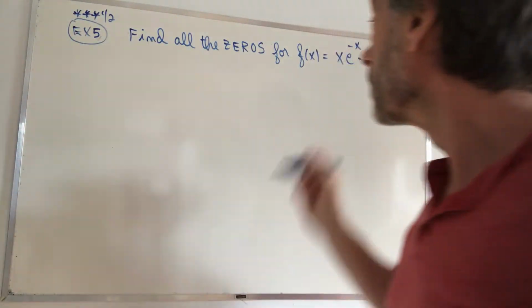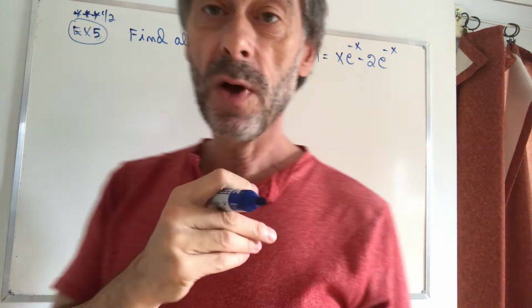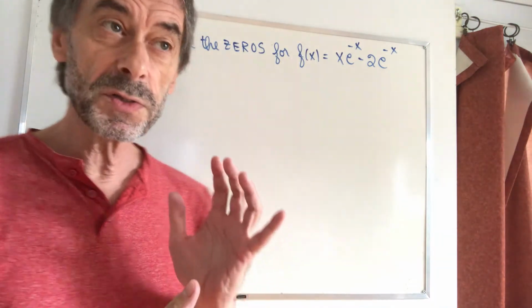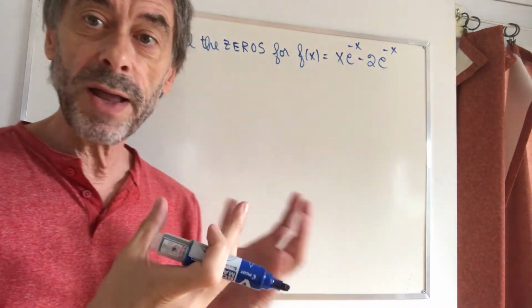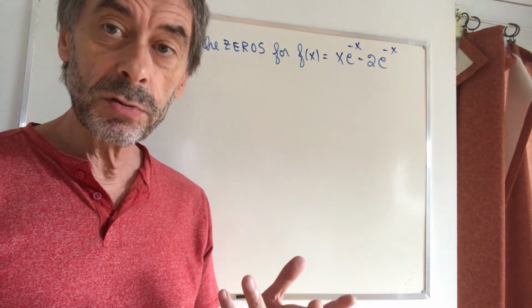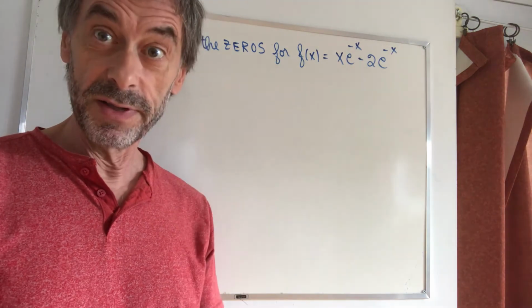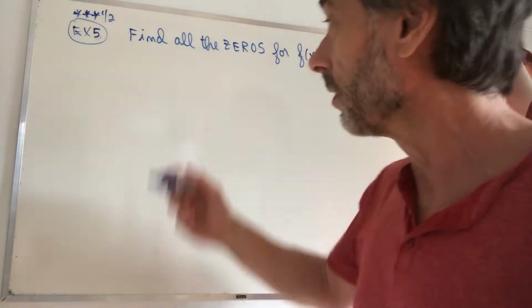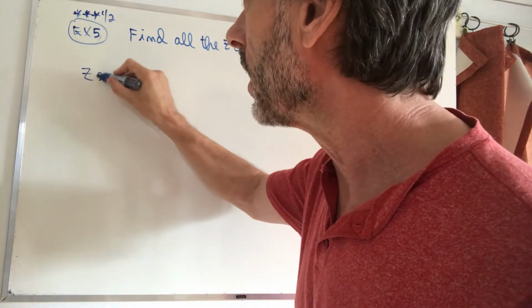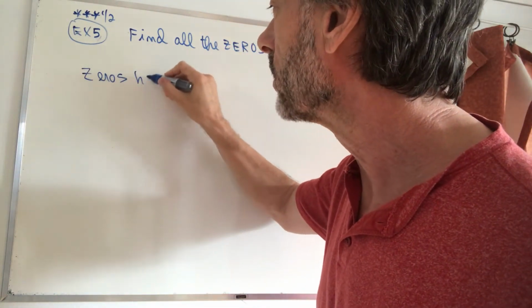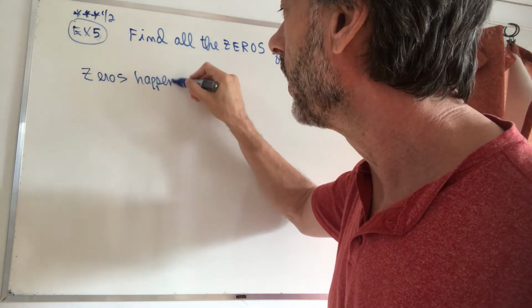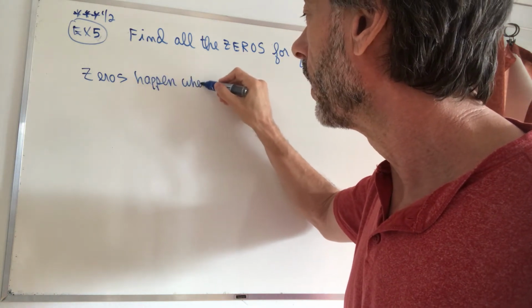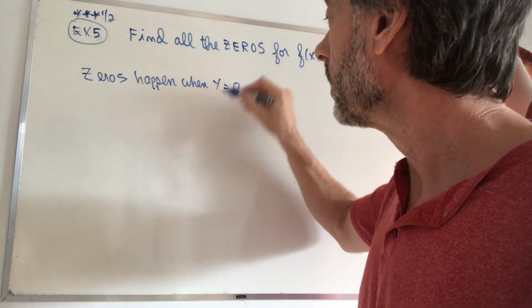Okay, so finding the zeros means what? What's a zero? It's a value when y is equal to what? 0, yes? So let me write this down. Zeros happen when y is equal to 0.